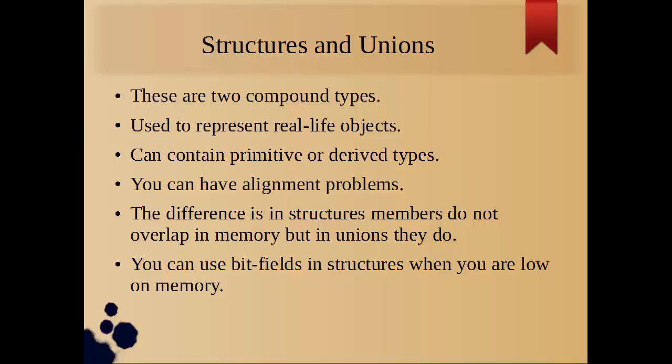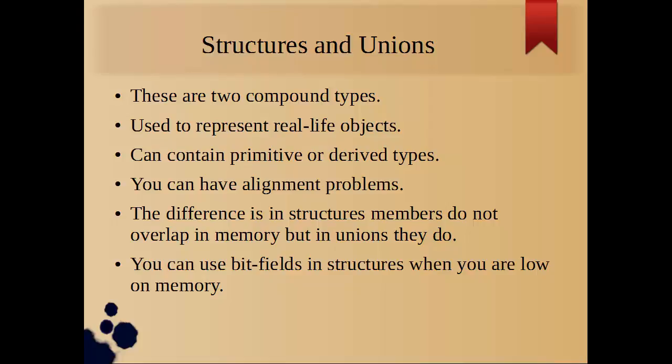Consider you have some variable of some type, let's say a character. Alignment says the address should be a multiple of the number of bytes which will be occupied by that type. So if you have a character, you can store it anywhere.